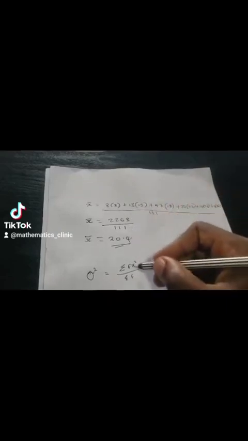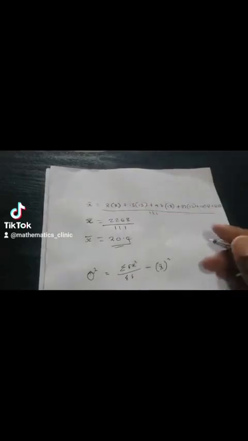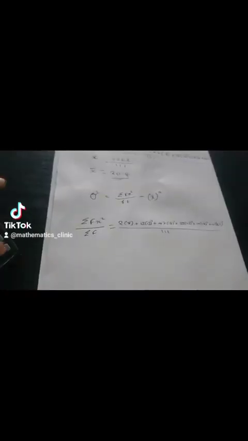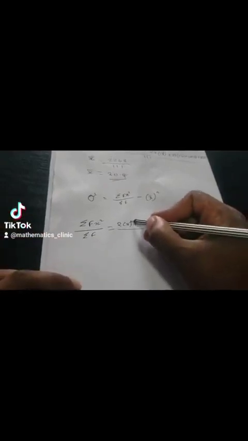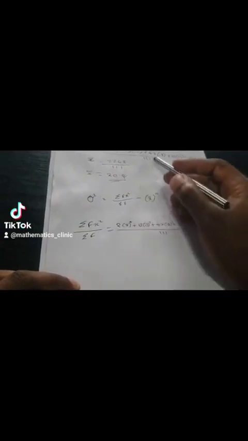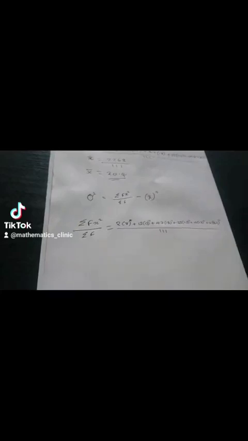But now our x is what we need to square. Let me just write it down here. We square this, that, and that, over the summation of f, which is the total of our frequency that we found, 111.